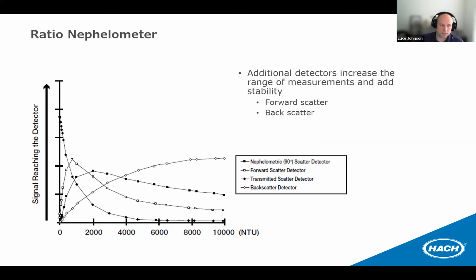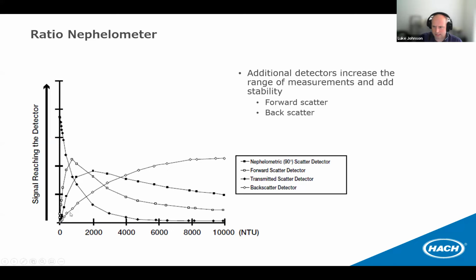So this is a chart here that we've developed showing the light scattering, it reaching various detectors at various turbidimetric values. These lines correspond to the various detectors, and you can see that there's different amounts of light getting to each detector depending upon the amount of turbidity in the sample.